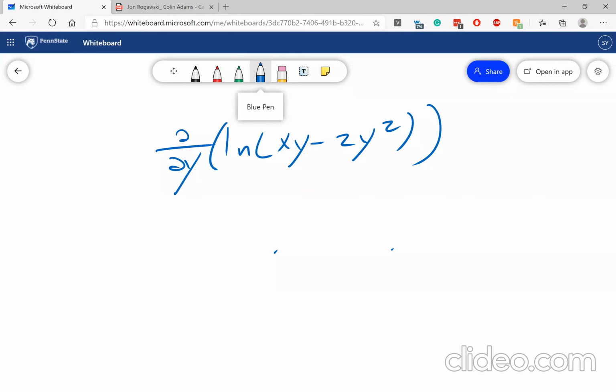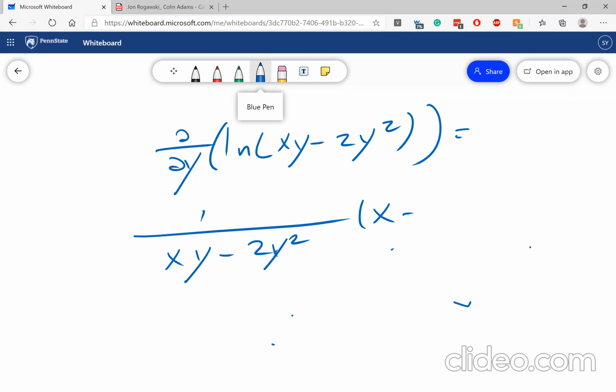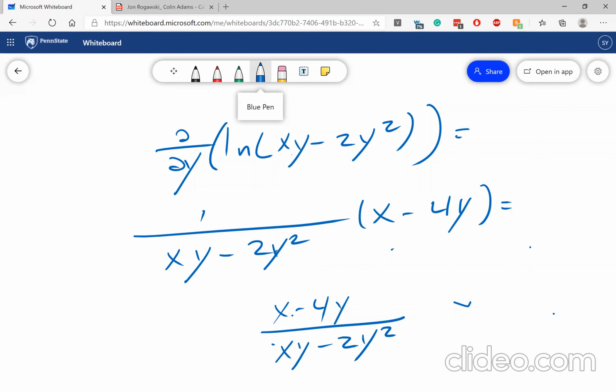So this is going to be 1 over this thing, xy minus 2y squared. And then you have to do the derivative of this thing inside, again, imagining that x is a constant. So that would be x minus 4y. And this would be the answer: x minus 4y over xy minus 2y squared. Any questions about this?